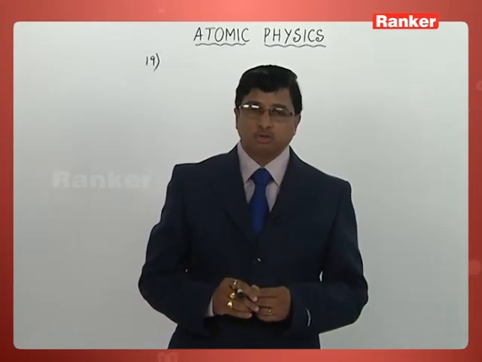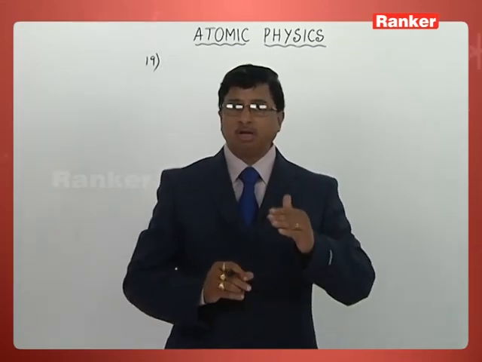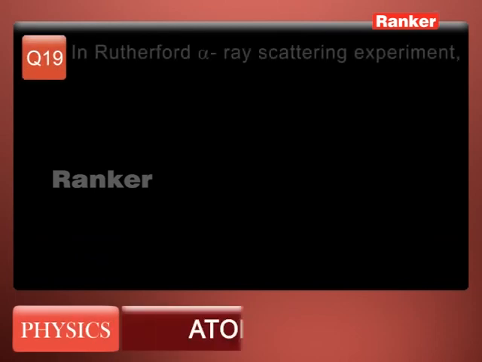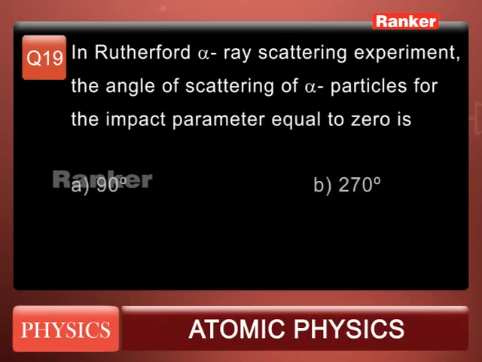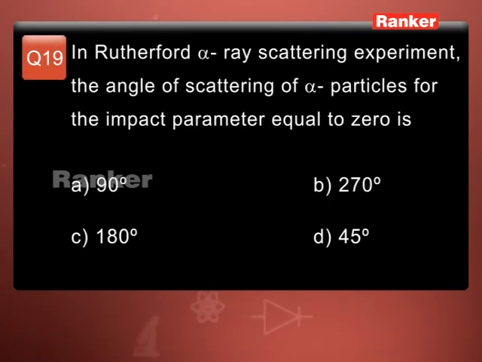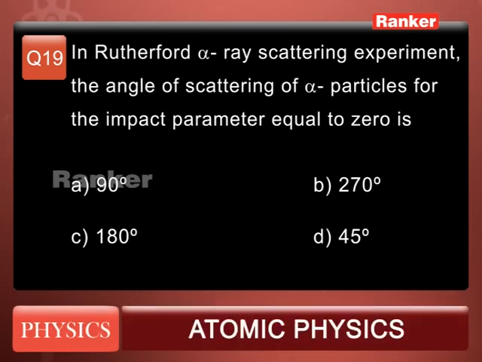Let us switch over to problem number 19. In Rutherford alpha ray scattering experiment, the angle of scattering of alpha particles for the impact parameter equal to 0 is how much?